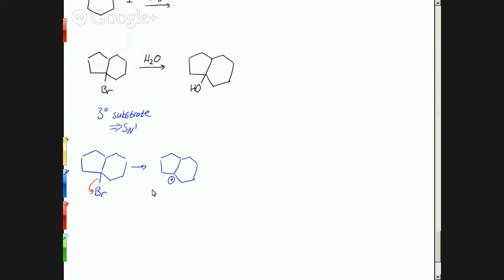That's a six-membered cyclohexane ring, right? Yeah, yep. Actually, what's going to happen is there's no OH around because there's no base, so water will attach there first, and then we'll have to get rid of one of those hydrogens.